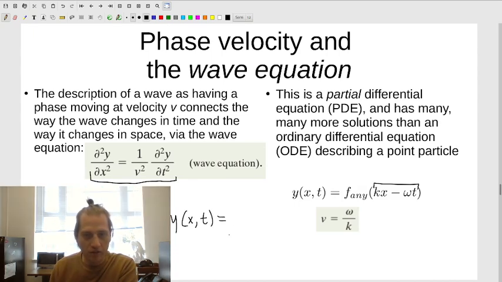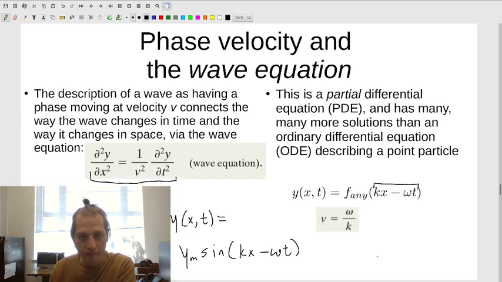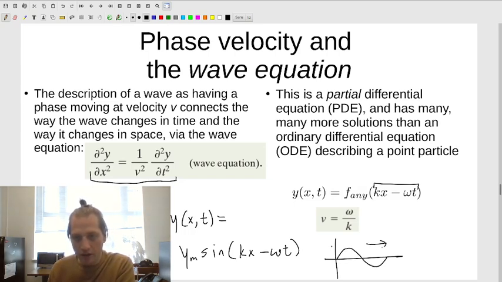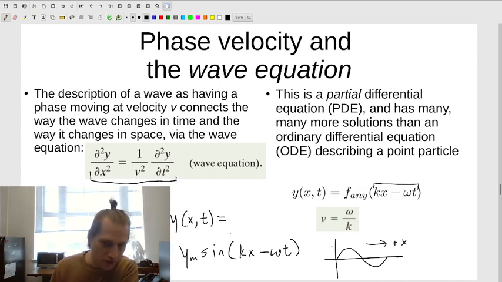That's the one that has been written in your book. That's sort of canonical, this sine of kx minus omega t. And this one, of course, is easy to remember because it already has the omega and the k in there, and you know that it's describing a wave that's moving in the plus x direction. If you put a minus k in there, it could move to the minus x direction, and so on.